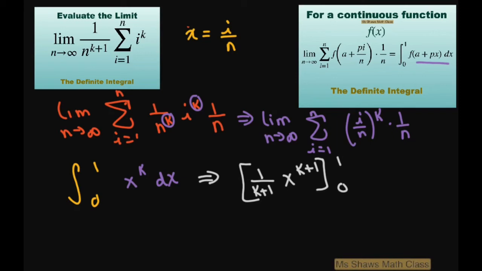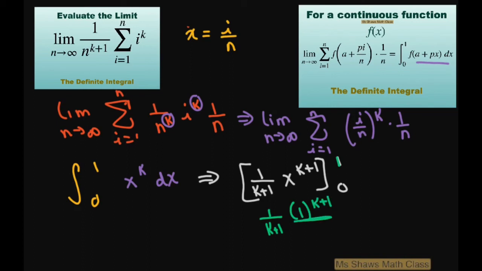All right, let's substitute in 1. Remember, we're substituting in for x. So this is going to be 1 divided by k plus 1 times x to the power of k plus 1, where x is 1. So this will be 1 to the power of k plus 1.